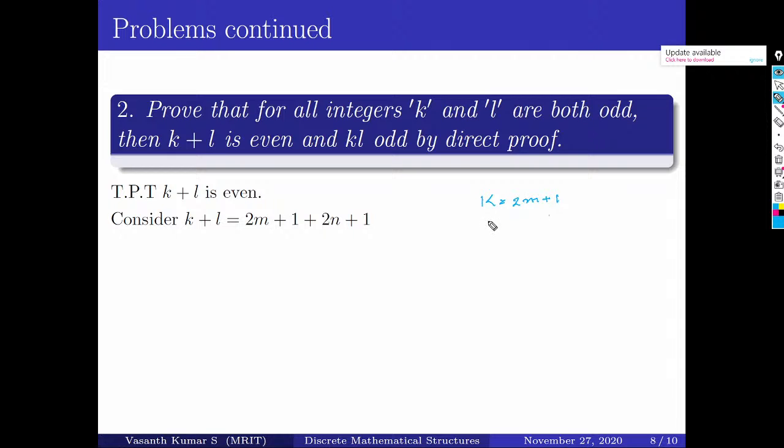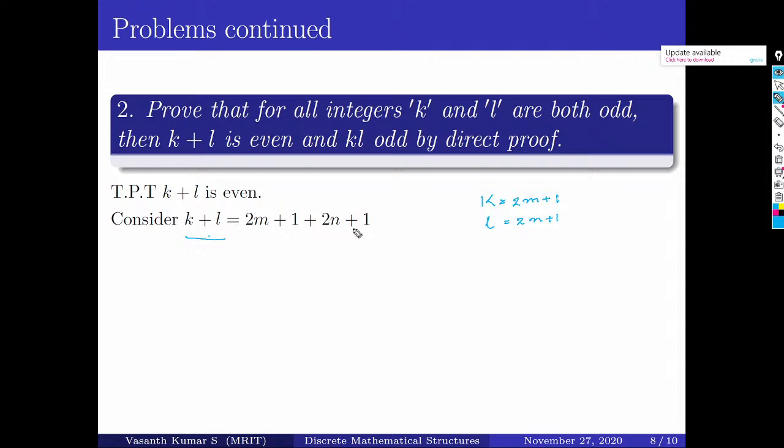Similarly, l is also an odd integer, so I will define l as 2n plus 1. And I am just substituting in place of k plus l. So we know what is k, we know what is l, just substitute there and simplify that part.